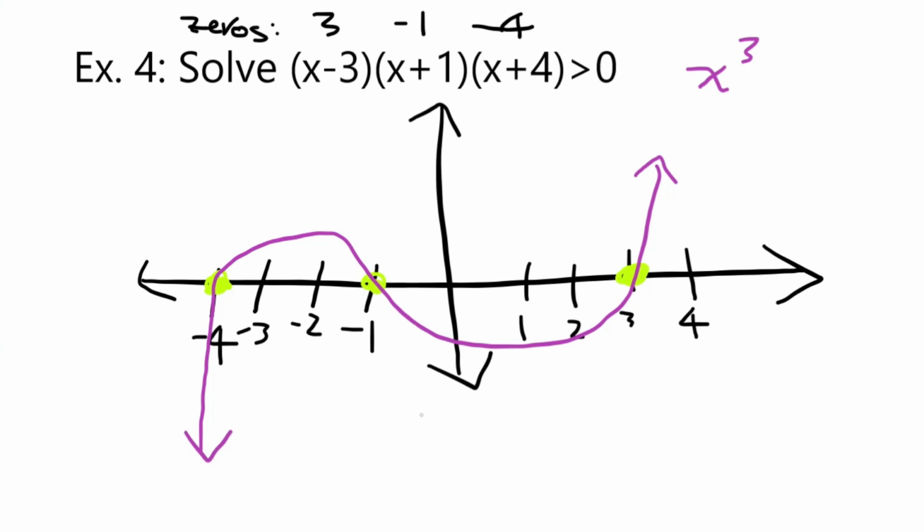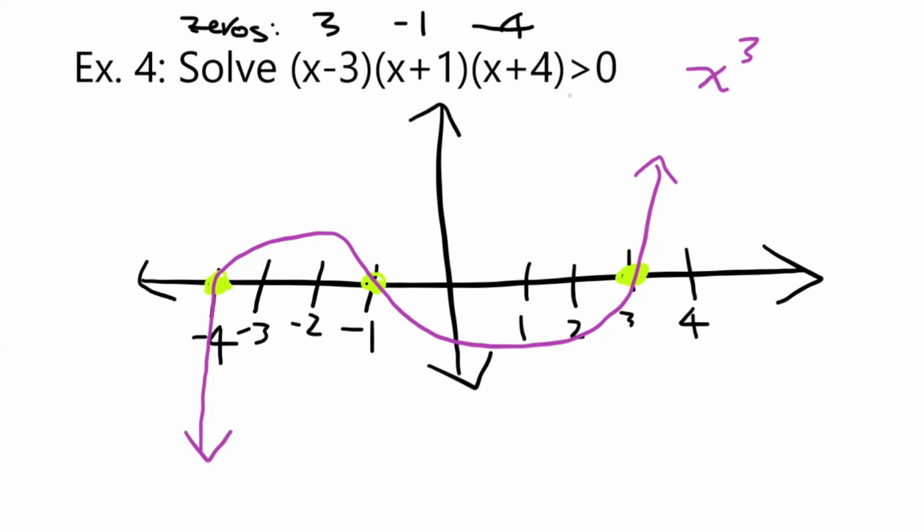Or what x values is the graph above x equals 0? Well, you can see visually here, here and beyond, it's all above 0. So you can see these intervals.